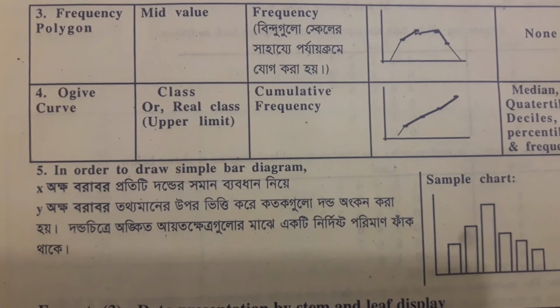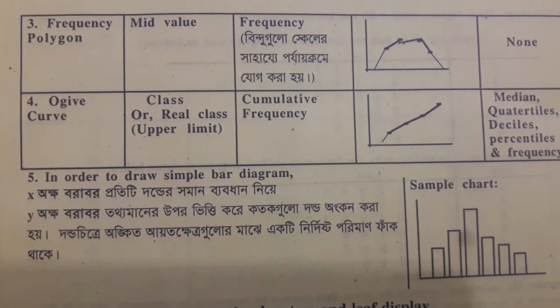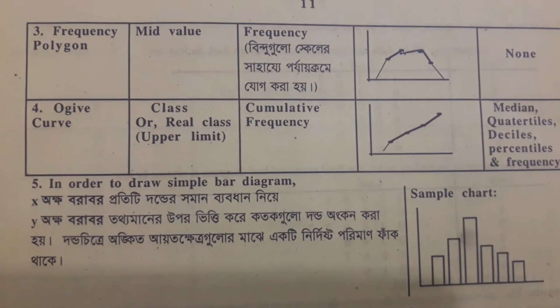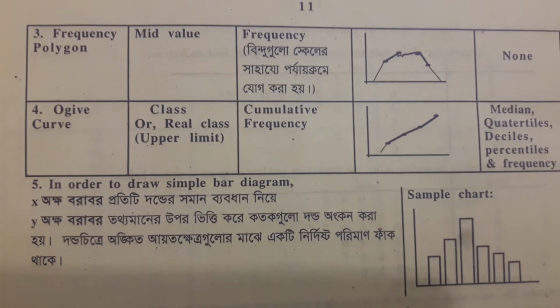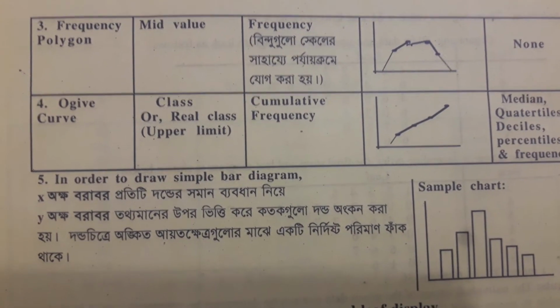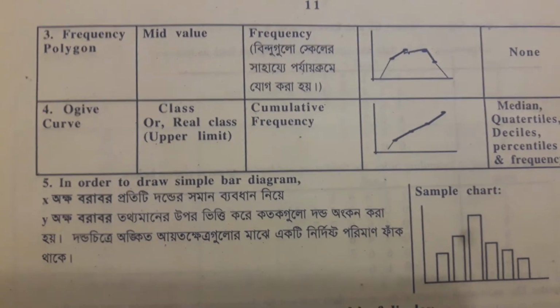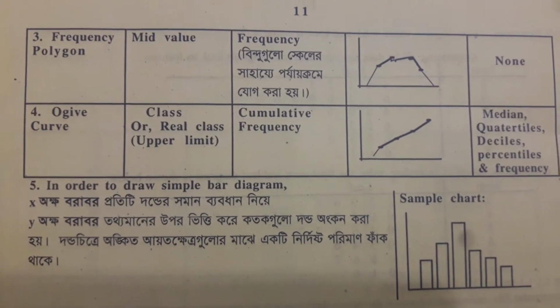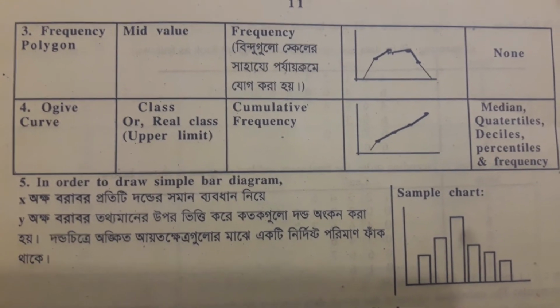The diagram is shown below. Here we cannot find any value. Next, ogive curve. X-axis upper limit of the class, y-axis cumulative frequency. The diagram is shown below. Here from the ogive curve we find the median, quartiles, deciles, percentiles and frequency.